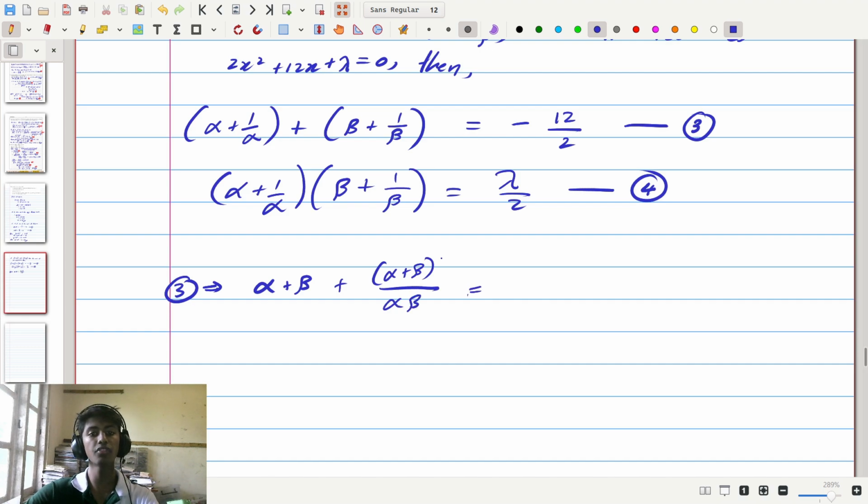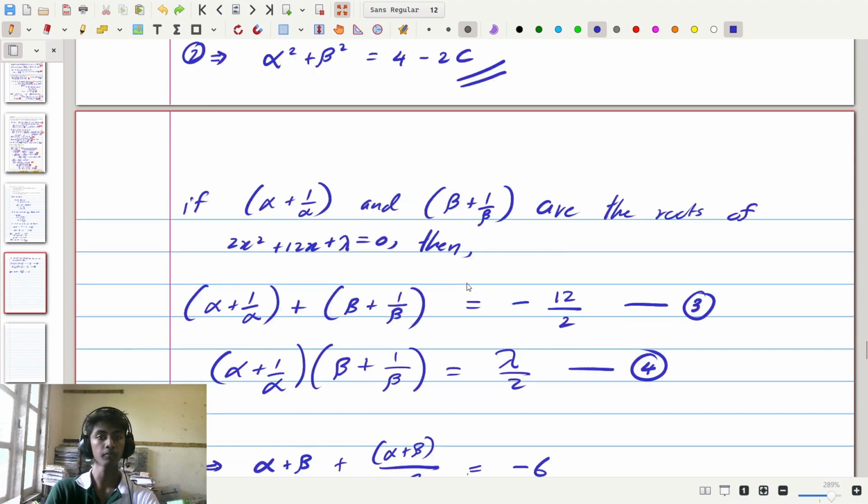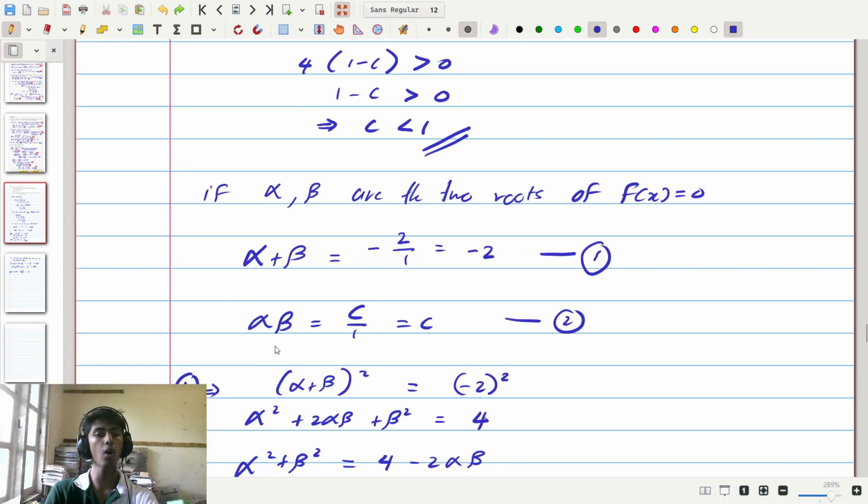On the other side, negative 12 over 2 is equal to negative 6. So therefore we have negative 6 on that side. Now considering the stuff here, we have alpha plus beta and alpha beta. Going up, we know alpha plus beta and alpha beta in terms of numbers and constants.